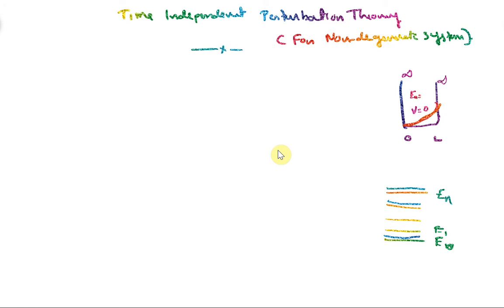So let me take the Hamiltonian of this system, the system which is modified, that is the unknown system. The Hamiltonian of the system, I'll take it as H cap. So it's the unknown Hamiltonian. Corresponding to that problem, we will have a state, psi.